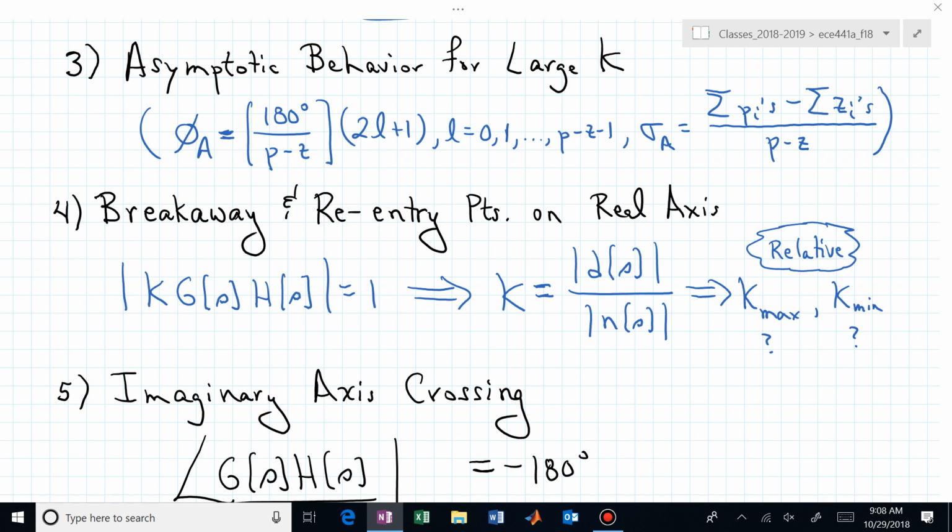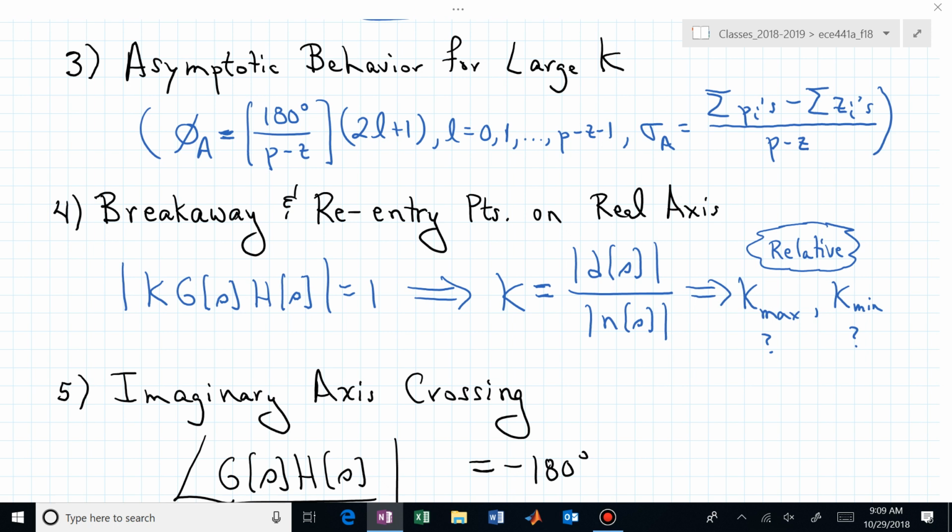We will talk today about breakaway and reentry points on the real axis. Do we have such behavior on our line segments of the root locus? And that is based on trying to find relative maximums of K and relative minimums of K. And we could even find that numerically.